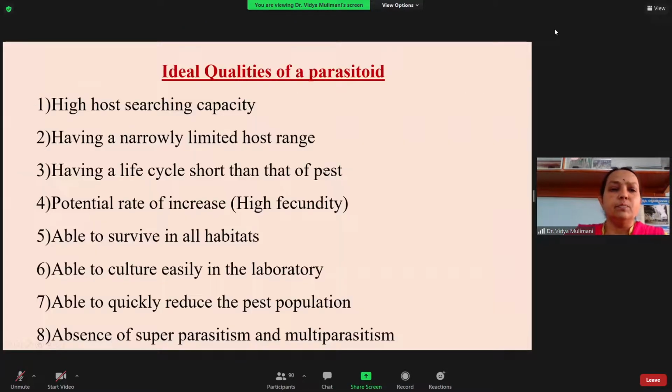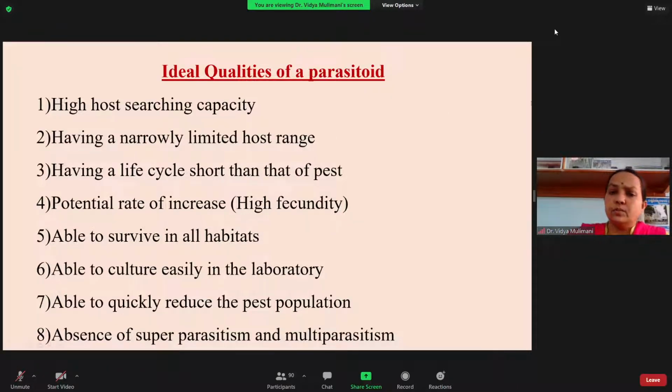Okay. Next, moving on to the final topic: what are the ideal qualities of a parasitoid? Many times we import parasitoids from other countries for biological control programs, because many insects have come to India from other countries along with imported material, that is, food material or plant material.